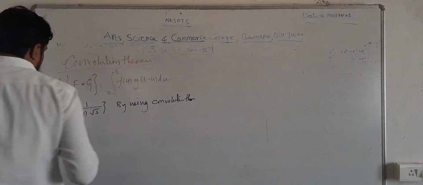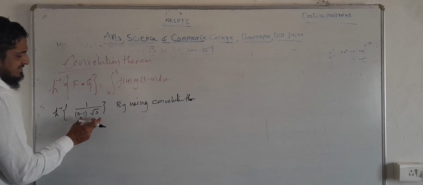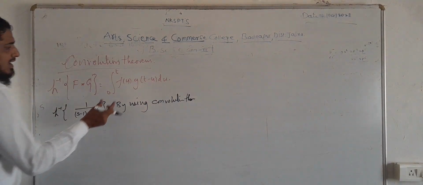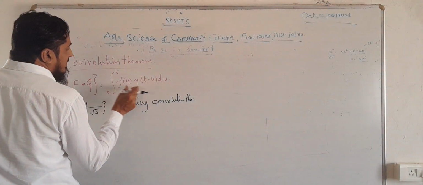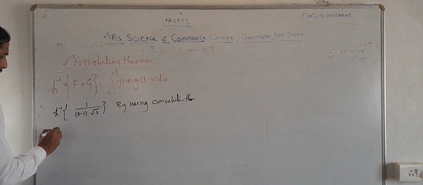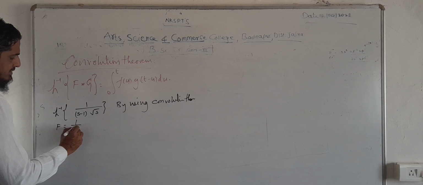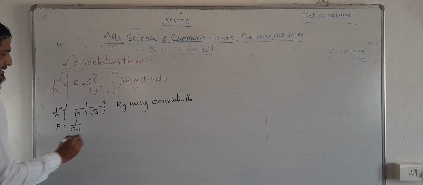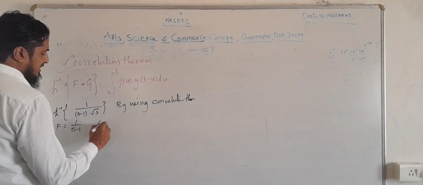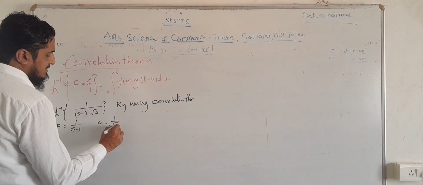Now we have F and G in multiplication. We have to find f(u) and g(u). So consider F is equal to 1 upon s minus 1 and G is equal to 1 upon root s.